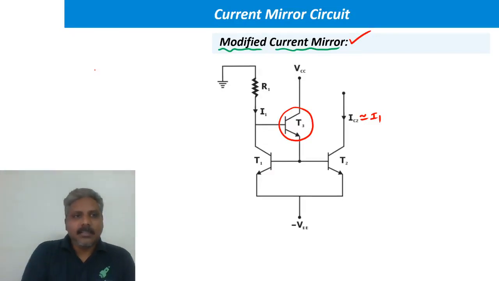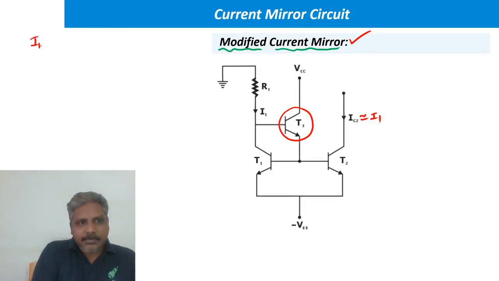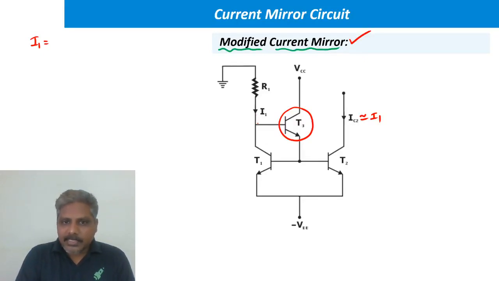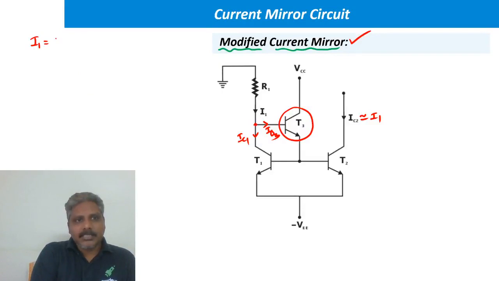Can I express this I1 in terms of this current and this current? Let's call this IC1 and this current IB3. So it is IC1 plus IB3.